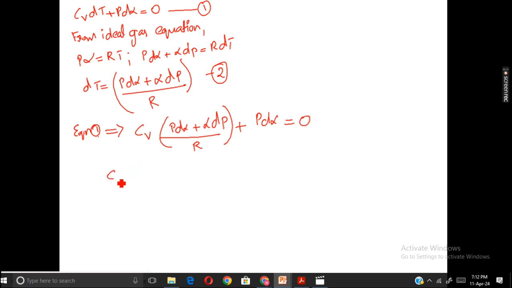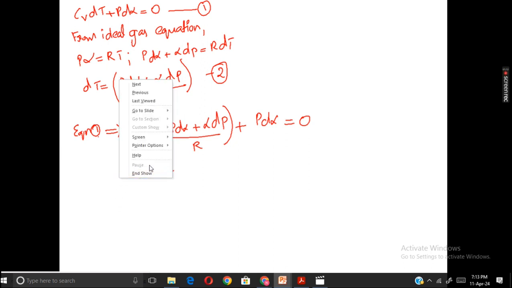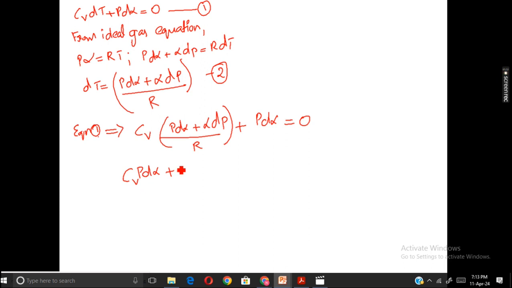Now Cv P d alpha plus Cv alpha dP plus R P d alpha is equal to 0.